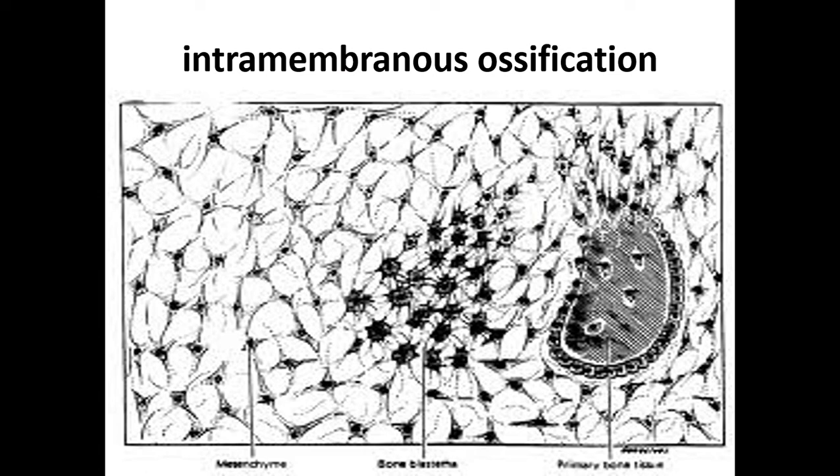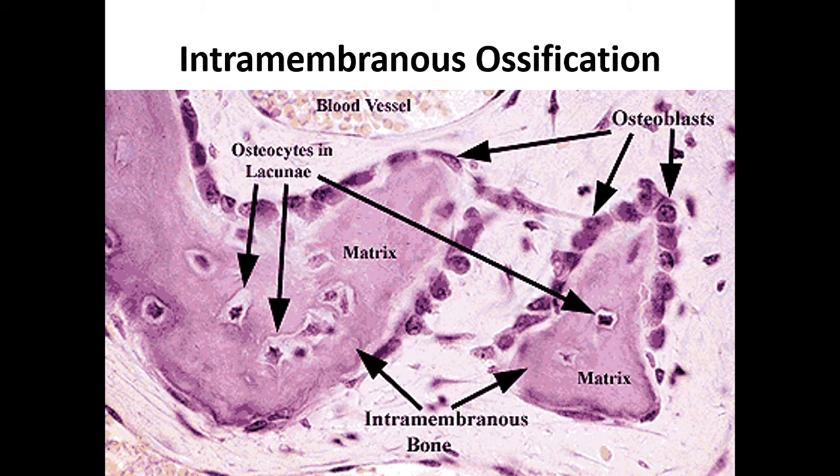Another illustration of intramembranous ossification: from the undifferentiated mesenchymal cells to conglomeration of the mesenchymal cells to form the primary bone tissue, forming into a thin bone or flat bone. So in this illustration, we have now developed thin bones of the body, especially in the cranial bones.